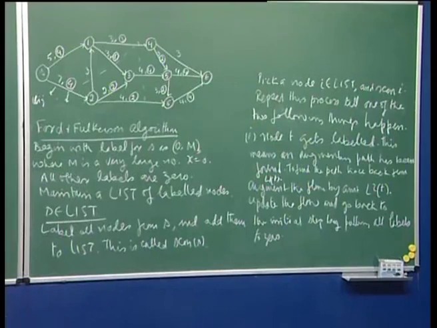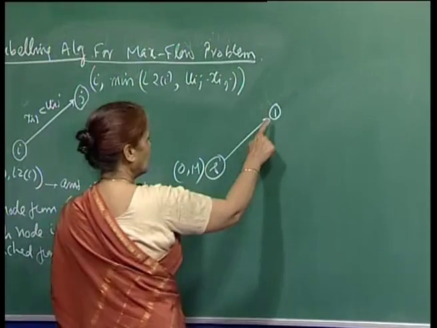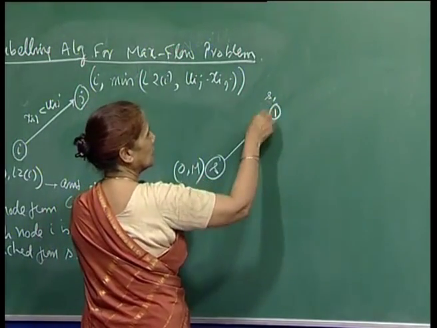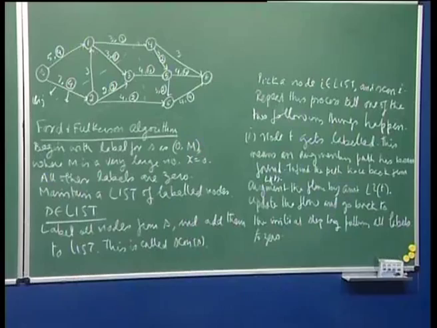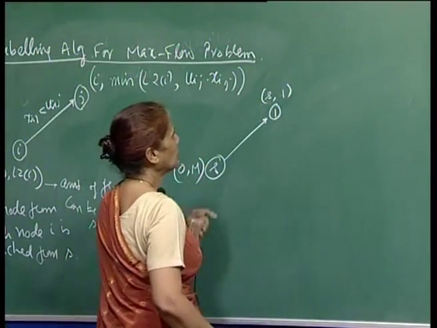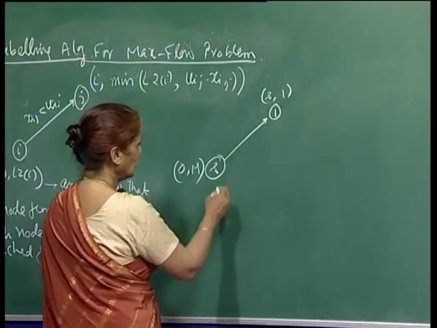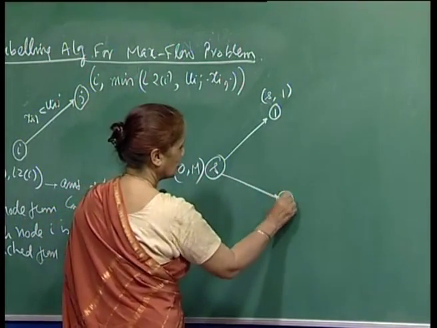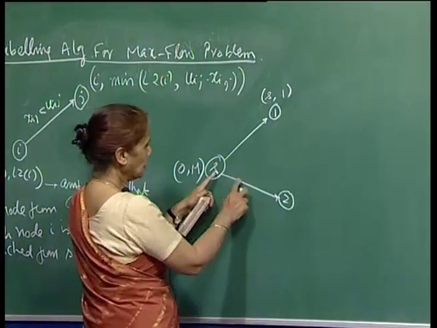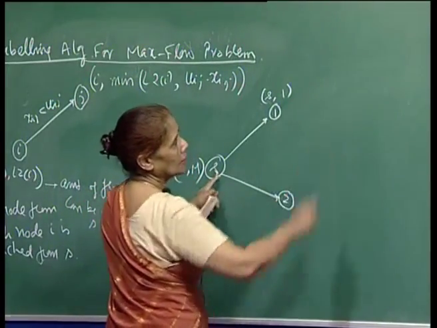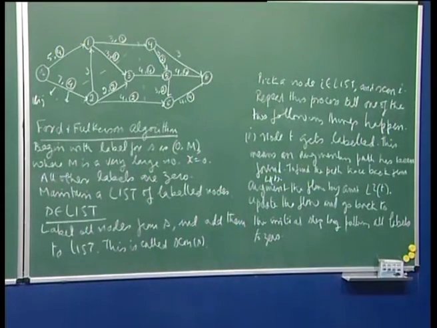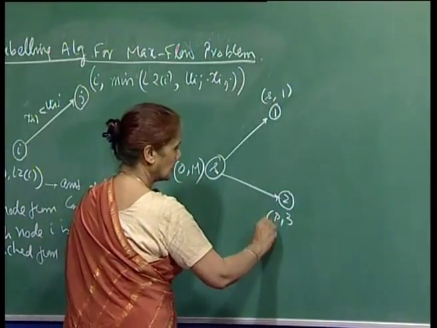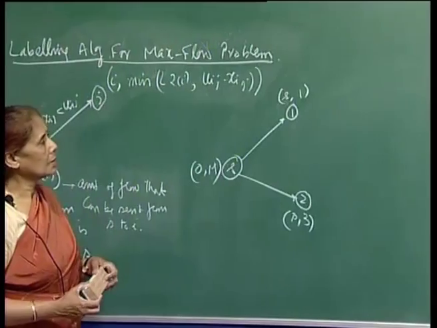There is a flow of 1 unit available, so the label would be S and the minimum of m and 1, which will obviously be 1, because m is a very large number. Similarly for node 2, S2 is not saturated, there is a capacity of 3 units left on this arc, and so the label would be S and 3, again because m is a large number.